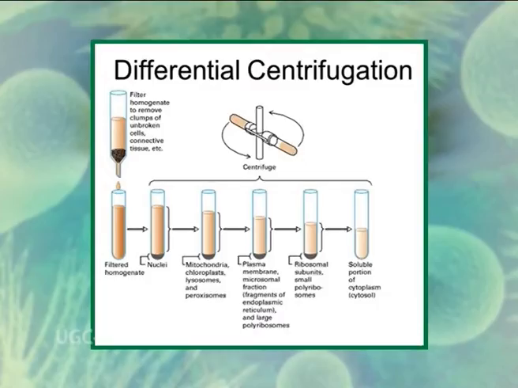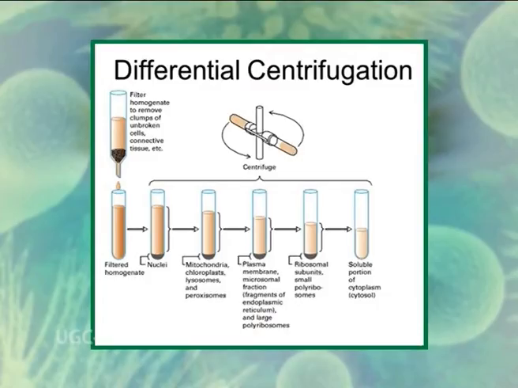To minimize the cross-contamination, pellets are usually washed several times by resuspension in buffer and recentrifugation under the same conditions. Resulting supernatant fractions are recentrifuged at a higher speed and for a longer time to separate medium-sized and small-sized particles.